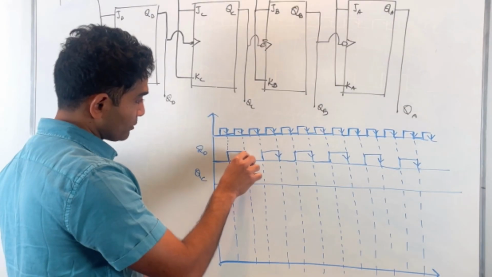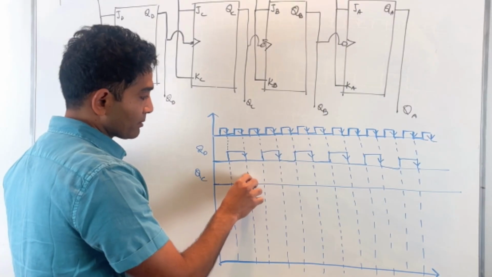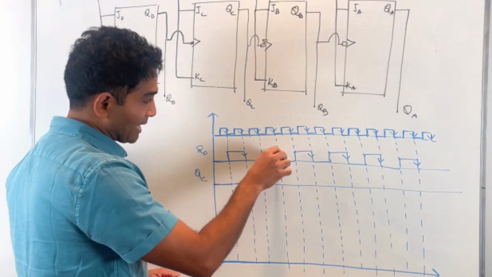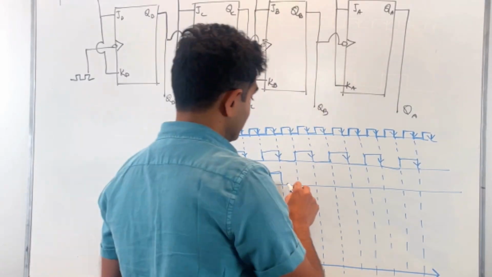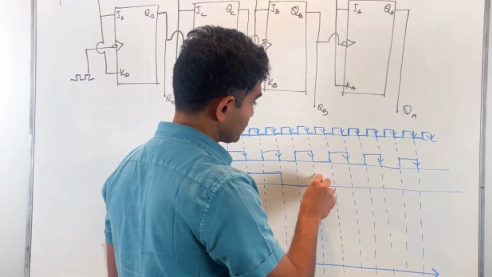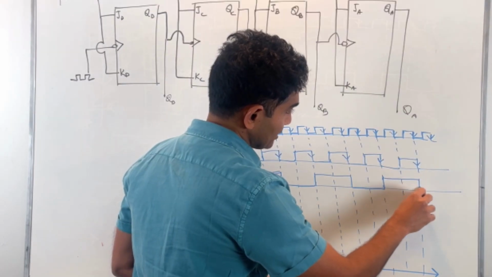It toggles on the first active edge, which happens here. Toggles on the next active edge, which happens here. Toggles on the next active edge, and so on. That's my QC.